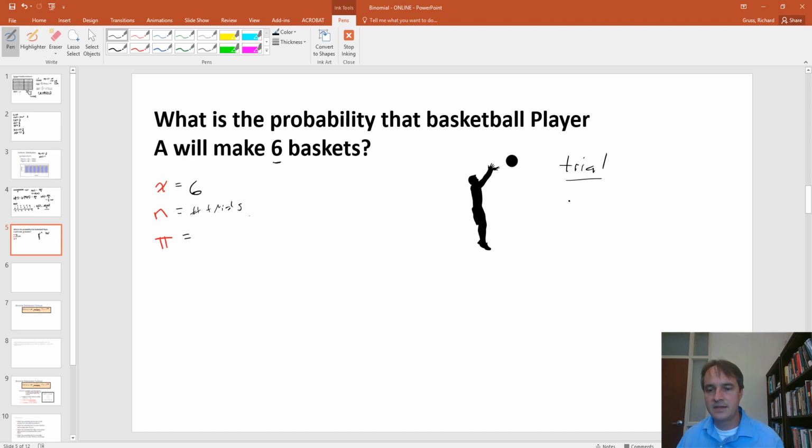So we have this idea of a trial, and we want to know about the number of successes. So we're looking at 6 successes in a certain number of trials and a certain probability of success in each trial. Okay, so this will be the probability of success.